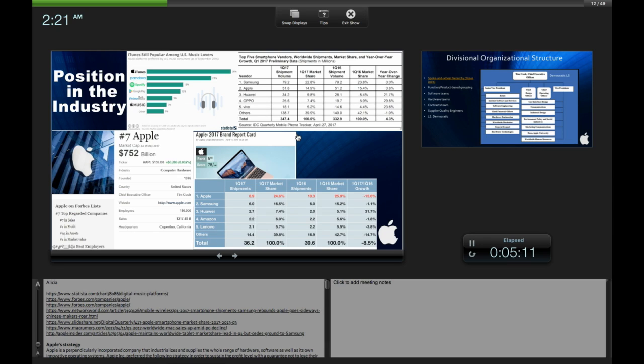So she's gonna explain, okay, Apple is the number seven top regarded company. She's gonna be looking at this side first. They are number 7 in sales, number 1 in profit, number 95 in assets, number 1 in market value, and number 4 in world's best employers. Then she's gonna say, okay, it costs 752 billion.